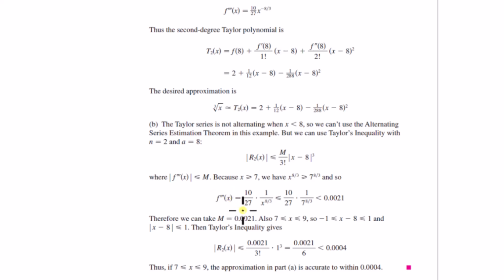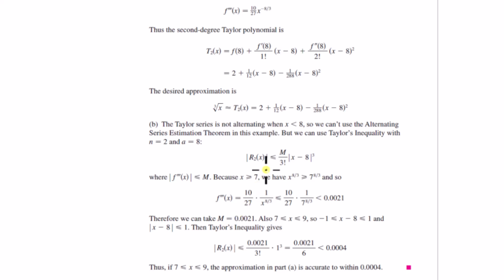Here's the third derivative, and the lower the x value, the higher this is going to be, because x is in the denominator. So 7 is the lowest value you could plug in, and they plug 7 in here. F triple prime of x, if you're restricting x to be between 7 and 9, will always be less than 0.0021, no matter what. So capital M is equal to 0.0021.